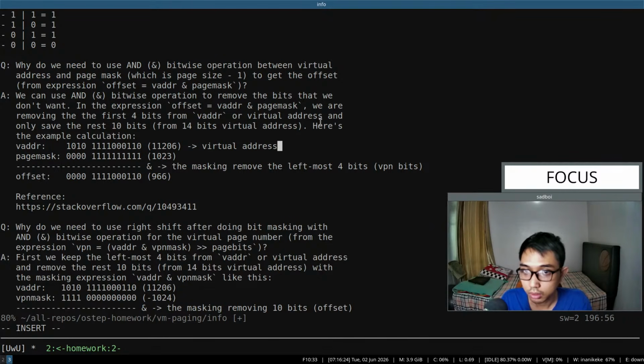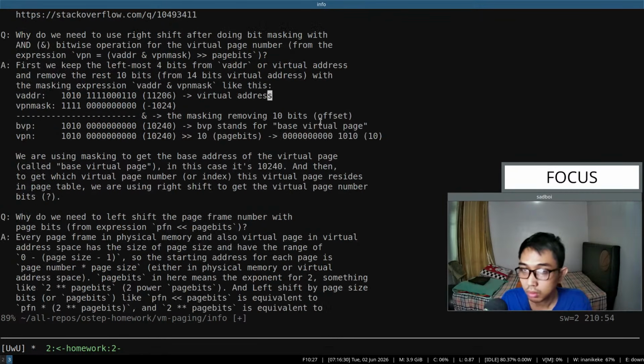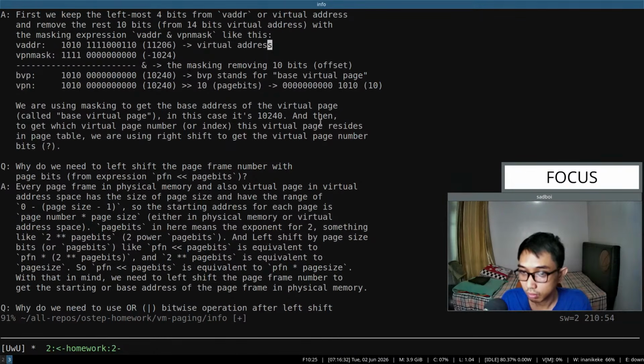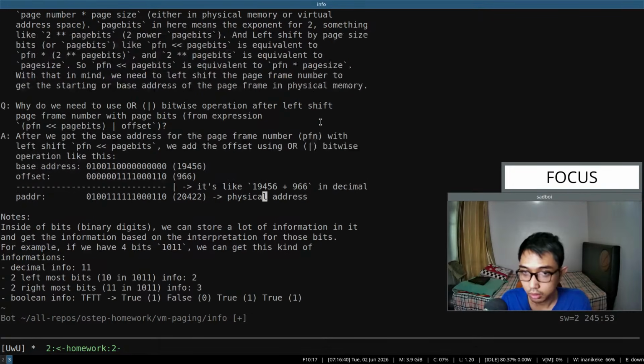Virtual address. Adding some information there. Physical address. Okay.